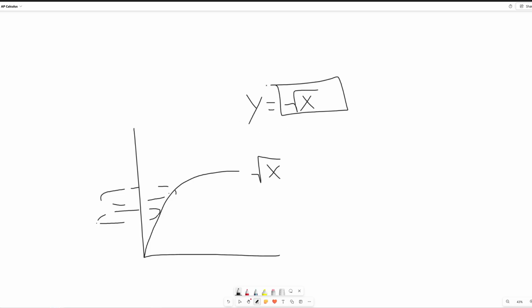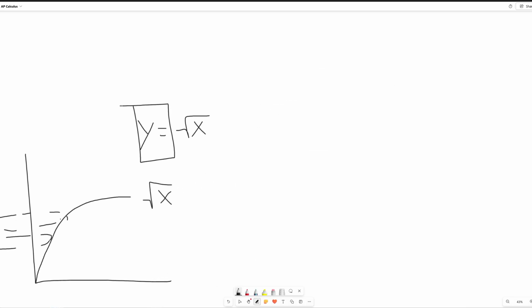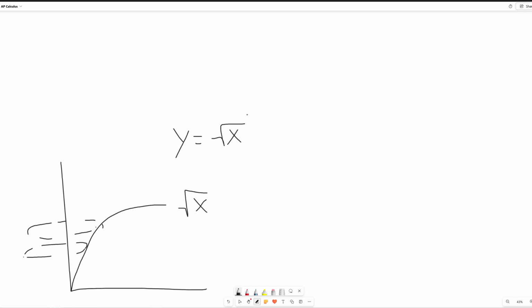Normally we have y equals something in x. To find an x function in terms of y, you basically just isolate x. So in this case, x equals y squared. This is your function of y.